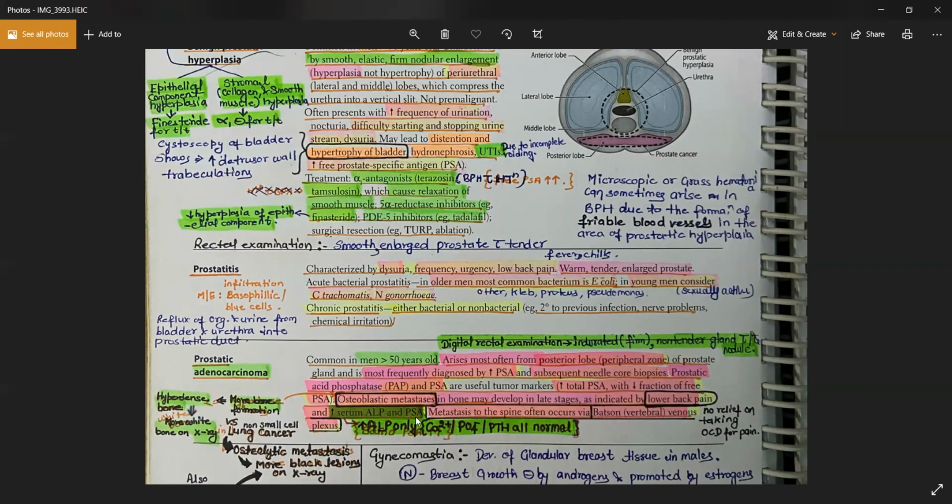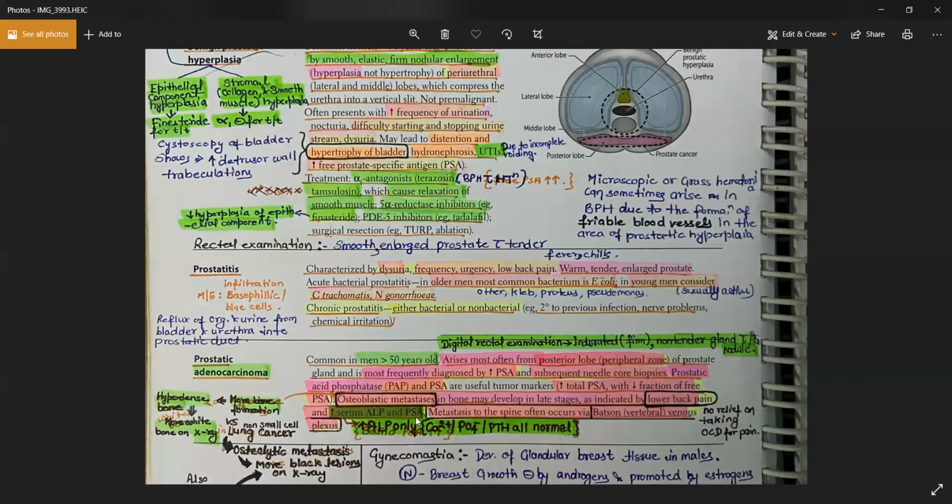That earlier list was the frequency, or the chances that these cancers will metastasize to the bones, not the categorization. Hodgkin's lymphoma, breast cancer, and prostatic adenocarcinoma will cause osteoblastic metastasis, while the remaining cancers will cause osteolytic metastasis.